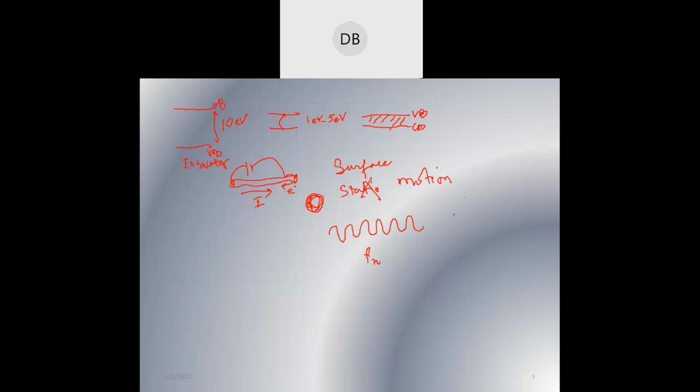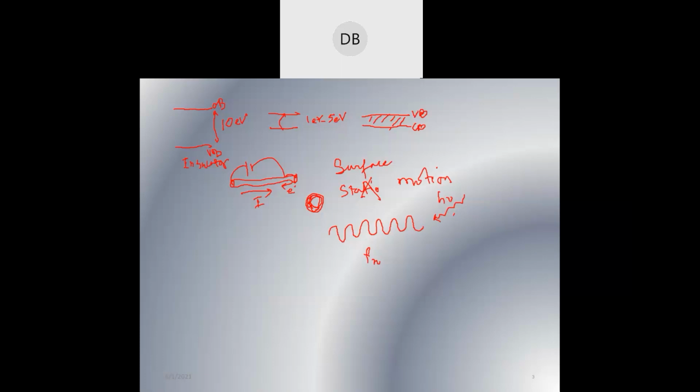That means light has to fall on your metallic nanoparticle surface, right? So suppose this is a light coming in with a certain frequency, normally we say h nu. So nu is the frequency, h is Planck's constant.